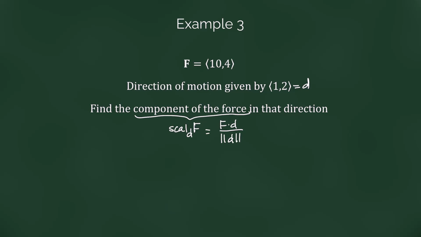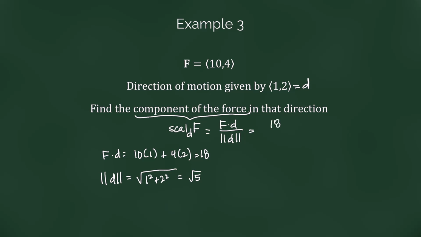So let's compute those separately. F dot D is going to be 10 times 1 plus 4 times 2, which is 18. The magnitude of D is going to be the square root of 1 squared plus 2 squared, which is the square root of 5. So we see that our scalar component is 18 divided by the square root of 5, which is 9-ish, a little less than 9 perhaps.